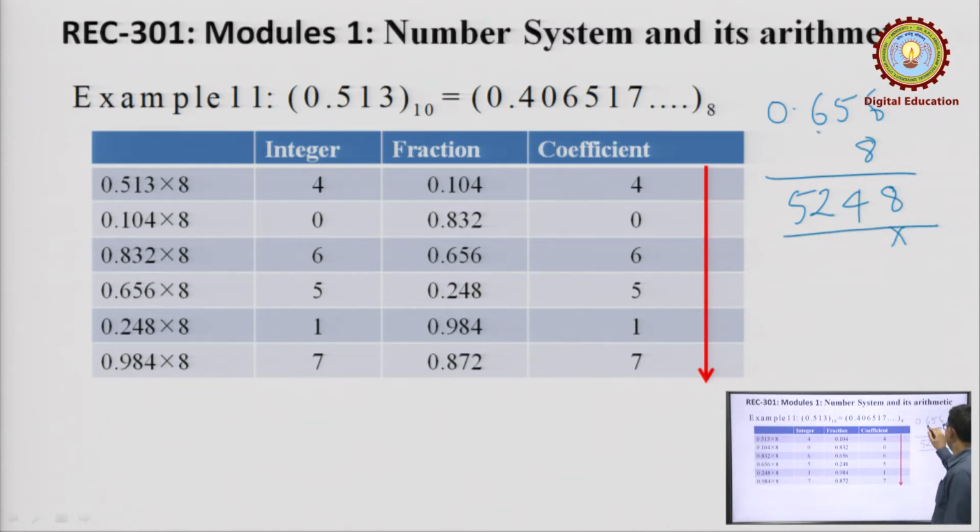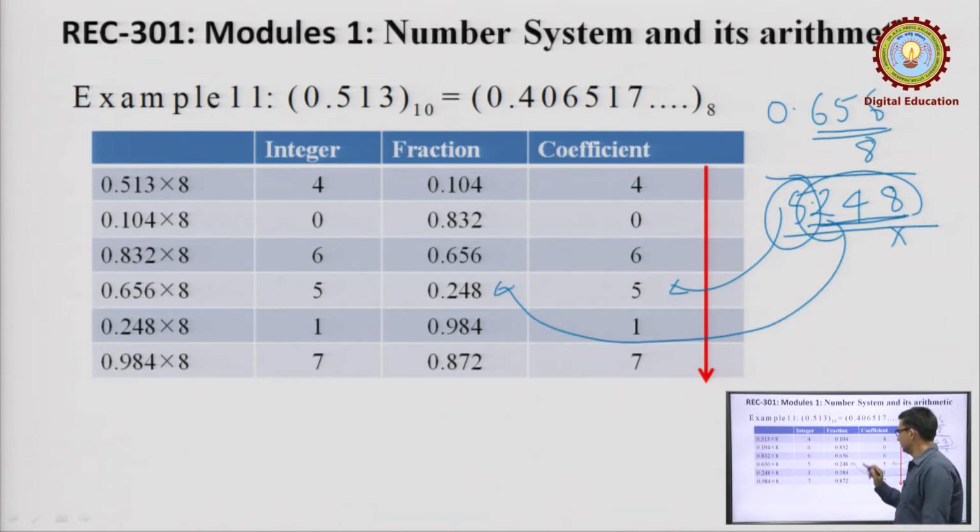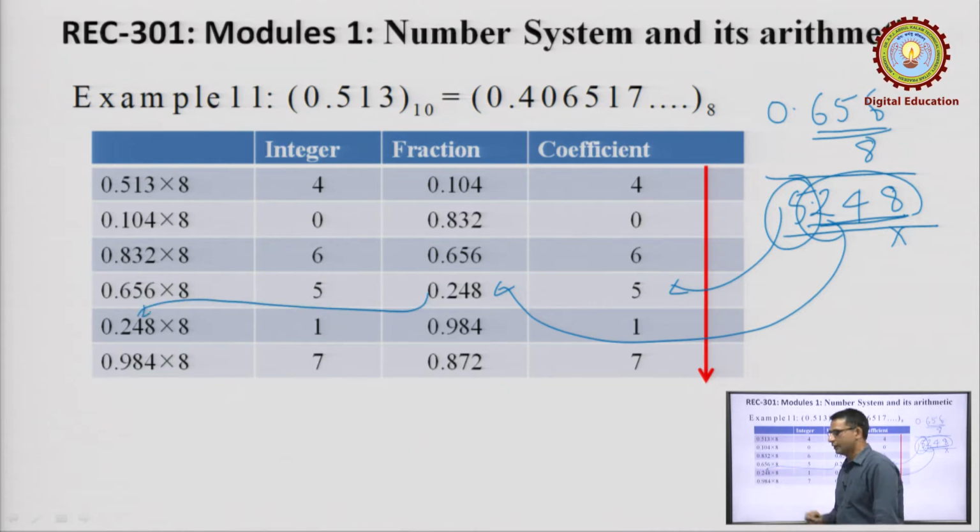The decimal point is after 3 digits, so we get 5.248. The 5 is the integer value which will act as the coefficient for this iteration, while the fractional value 0.248 will go to the next iteration.